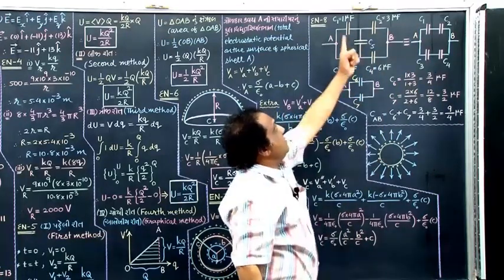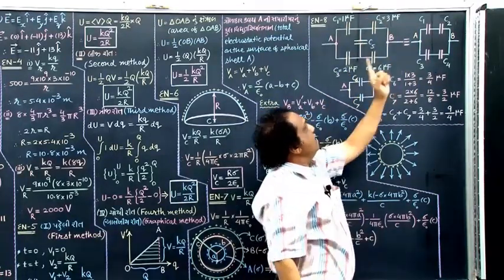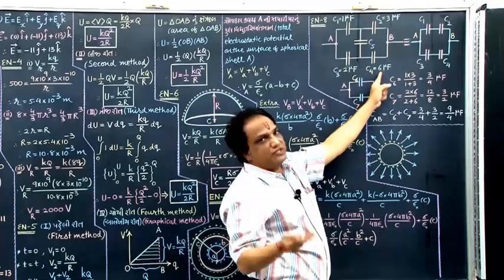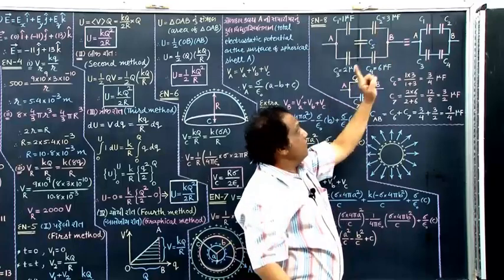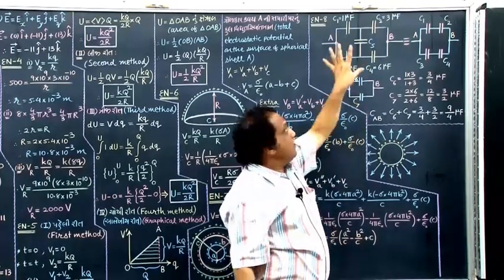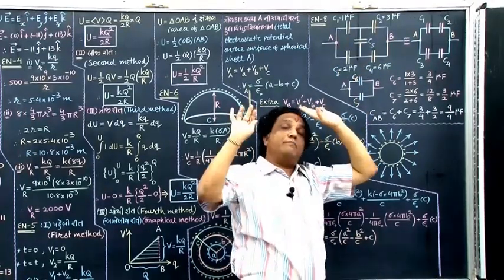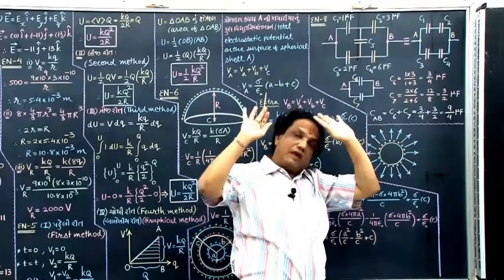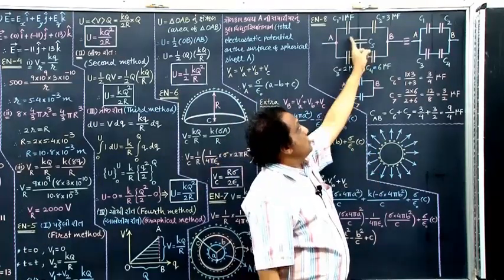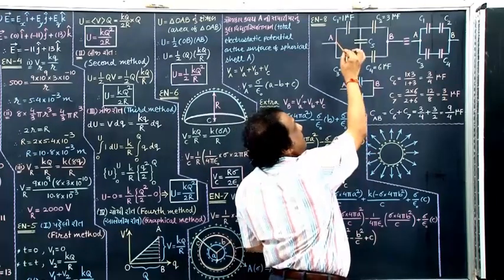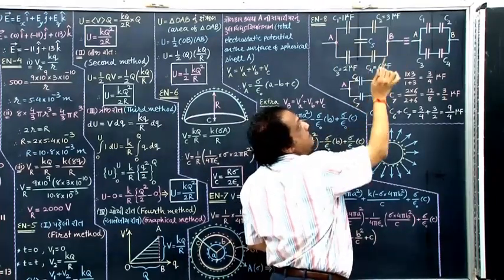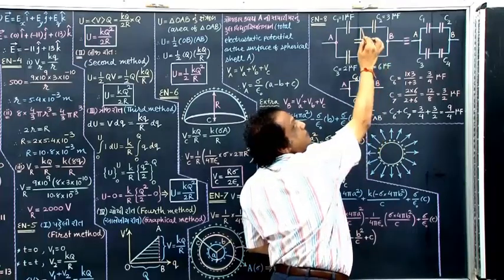Look, here it is 1 upon 3 and here also 2 upon 6. 2 upon 6 is nothing but 1 upon 3. So this upon this is really equal to this upon this. So the present Wheatstone bridge is in the balance condition. If it is in the balance condition, you may remove this component. Why? Because in this case, when we connect a battery across points A and B, these 2 points remain at the same potential.